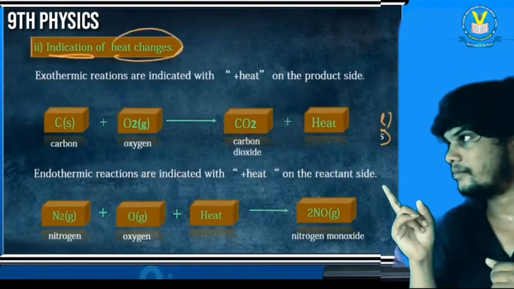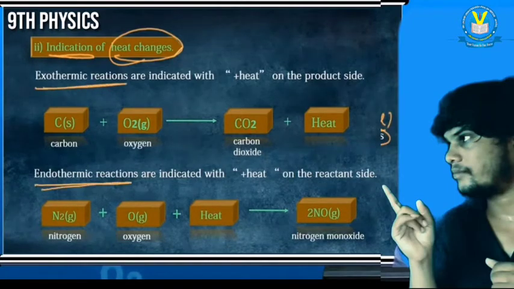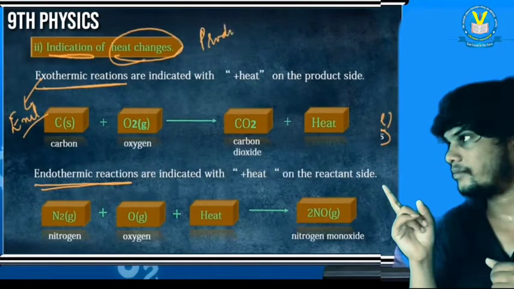Then, indication of heat changes. Actually there are two kinds of reactions, one is exothermic and another is endothermic. Exothermic reactions are indicated with positive heat, meaning heat is externally released.